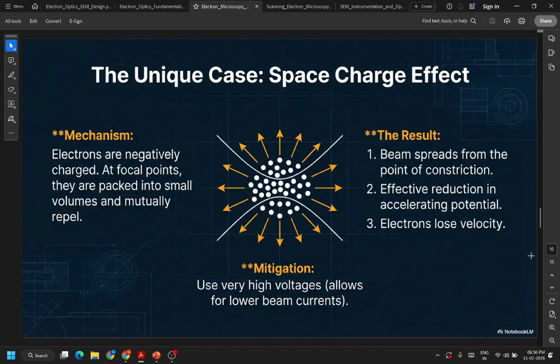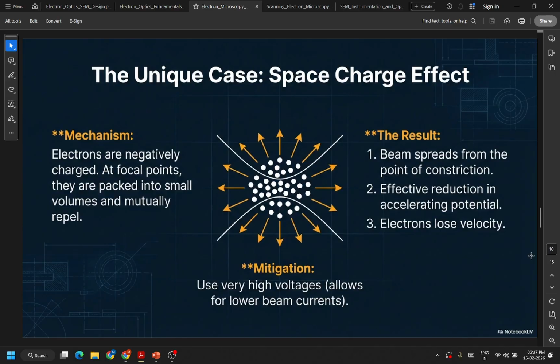Now, the next type of error that you can get is the space charge effect. This is a unique case because this effect does not happen in photon optics. The space charge effect happens because electrons repel each other, but photons do not repel each other. Hence, this effect does not exist in photon optics.